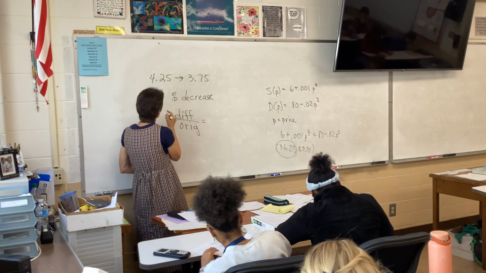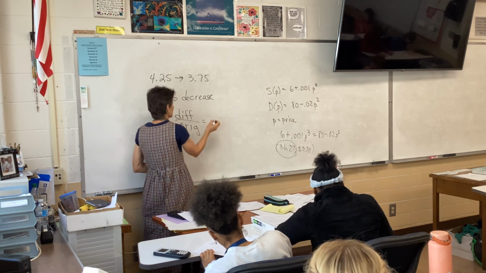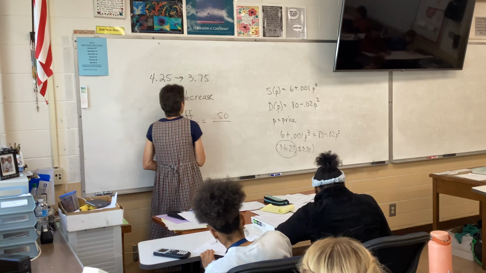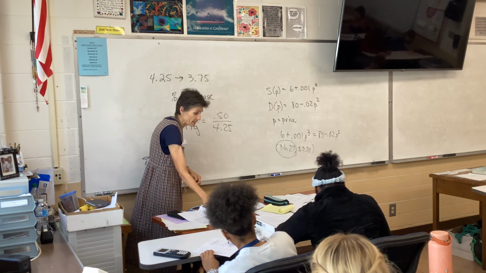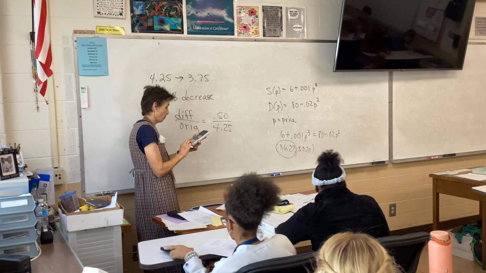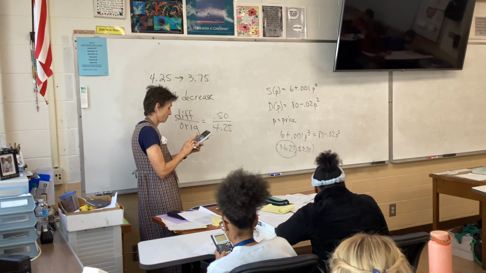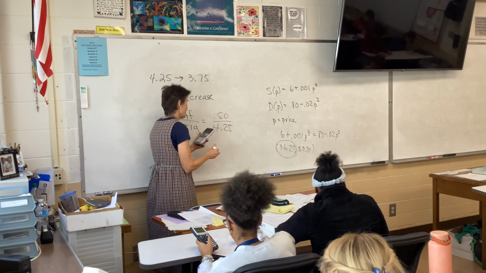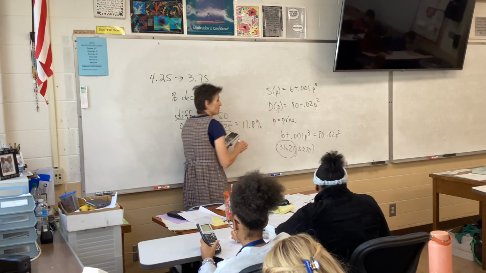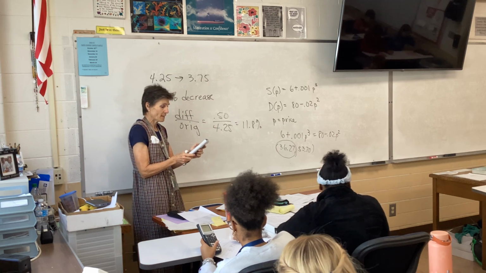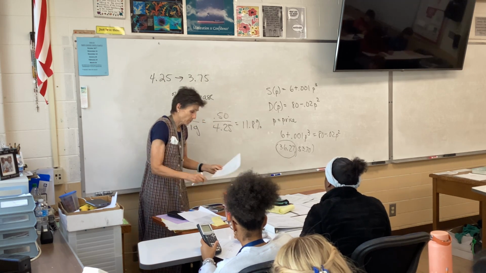So what's the difference in price? 50 cents. And the original price was 4.25, so we'll just type that in on our calculator. 0.5 divided by 4.25, and it's about 11.8%. So in other words, the price went down 11.8%.